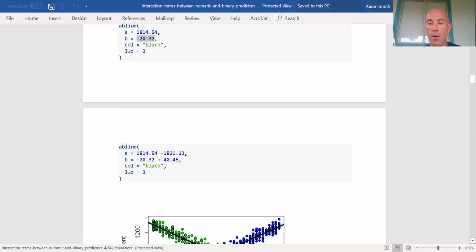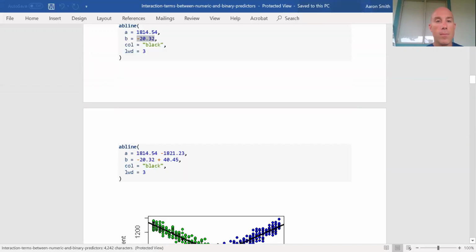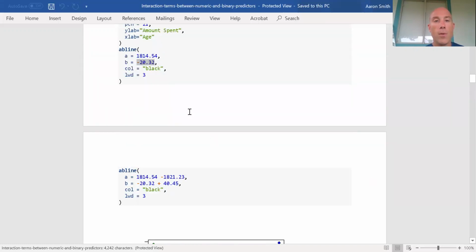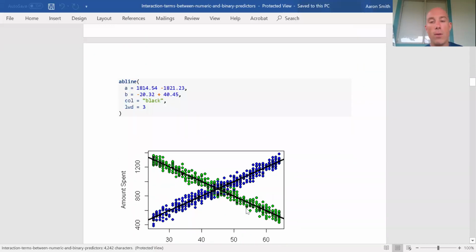And if I look down, I get my scatter plot, and I can see that the first line is going very nicely with this. So we can see that we have a y-intercept of a little bit more than 1800, negative slope of close to negative 20. And we can see that's going along with the green.